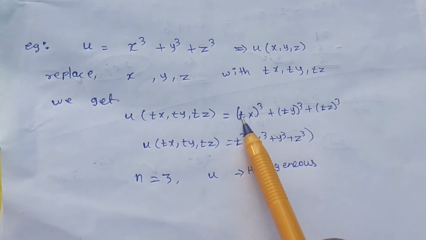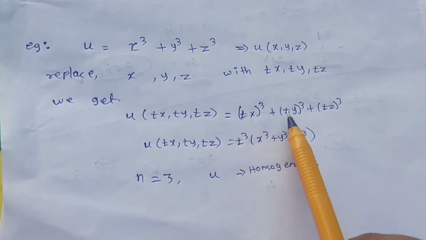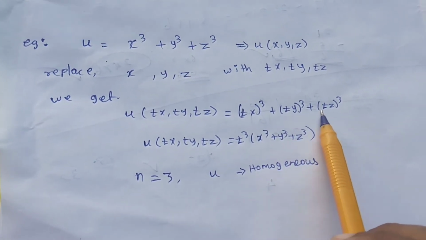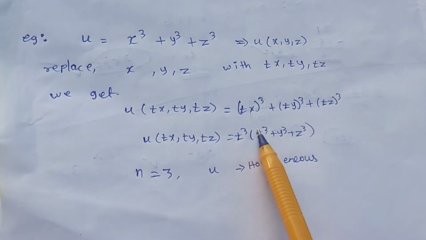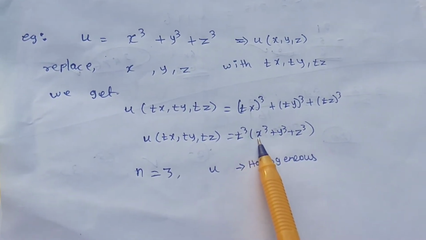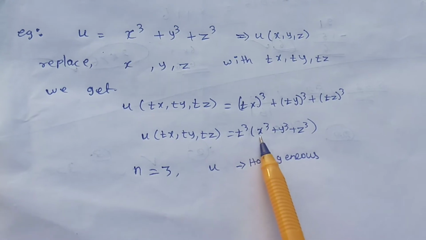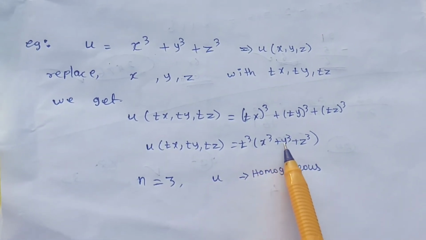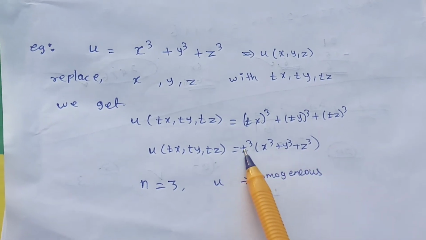Then it becomes t cube x cube plus t cube y cube plus t cube z cube. Then I take t cube as common. Then I will get t cube into x cube plus y cube plus z cube.